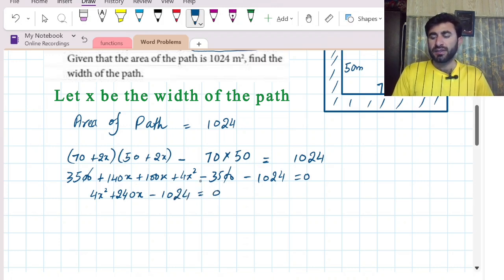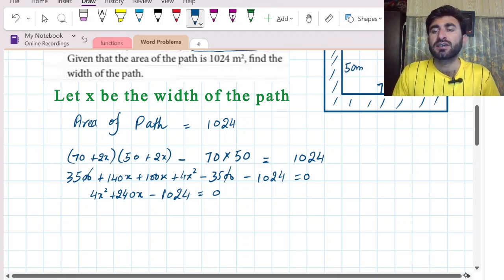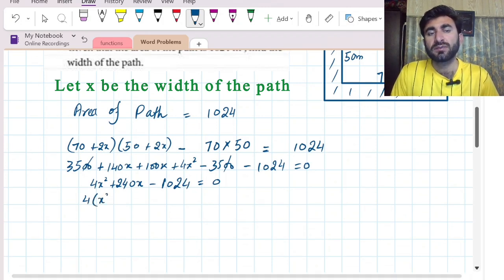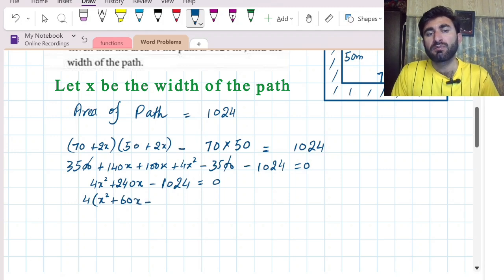Once again we have an equation, but it can be simplified by taking 4 common, because we can see 4 is the factor of all three terms, so it will be x square plus 60x minus 256, and it all equals 0.